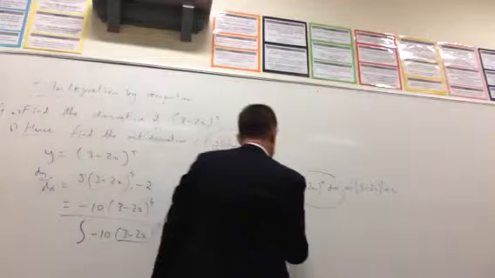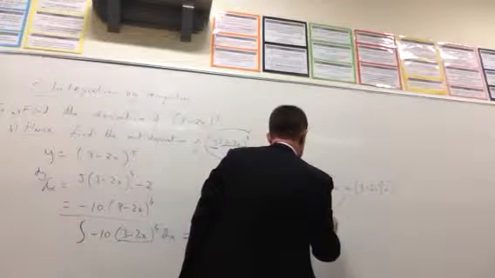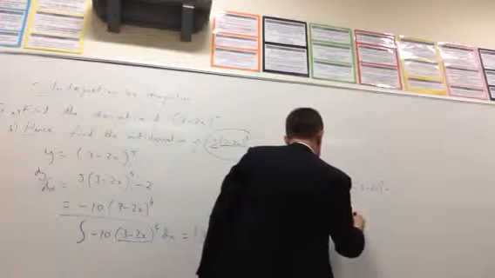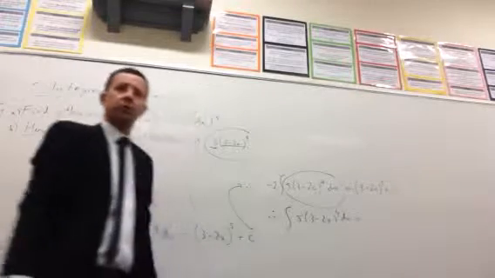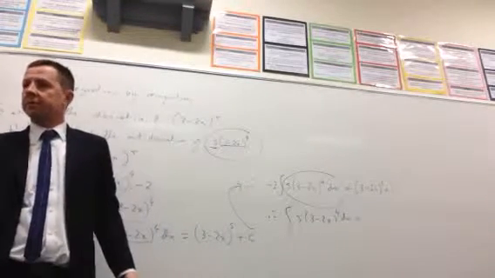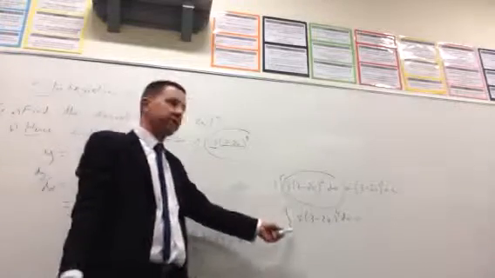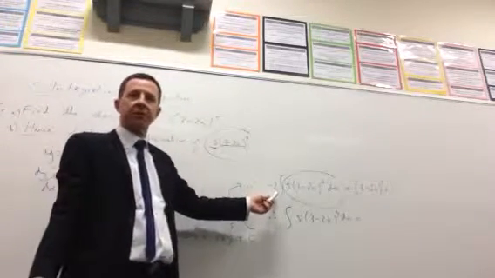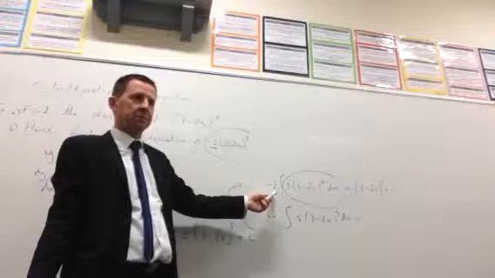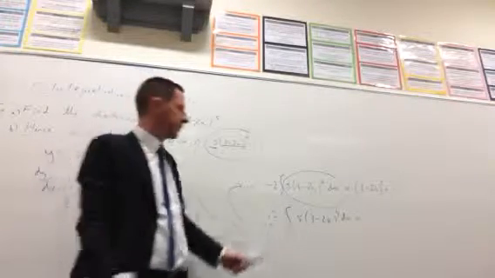Therefore, what I'm trying to get is equal to, what am I going to do? I just want the integral by itself. Get rid of the negative 2. How? Divide.